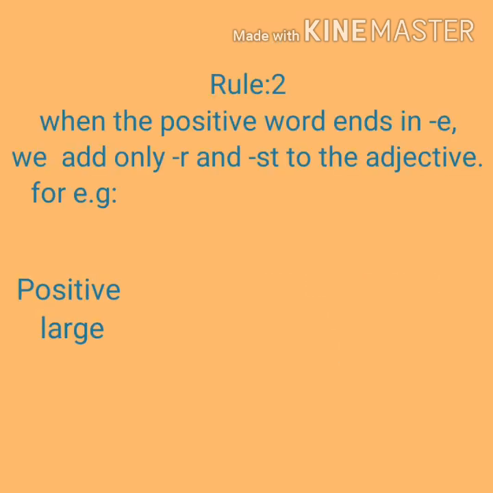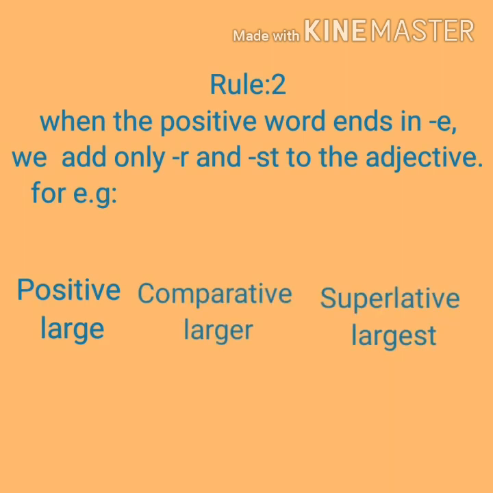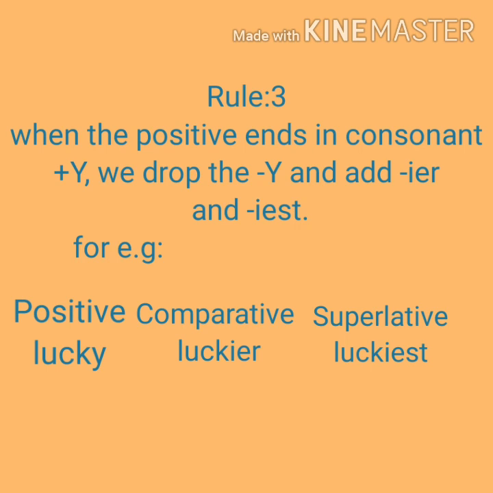Rule 2. When the positive word ends in E, we add only R and ST to the adjective. For example, large, larger, largest. Rule 3. When the positive ends in consonant Y, we drop the Y and add IER and IEST.